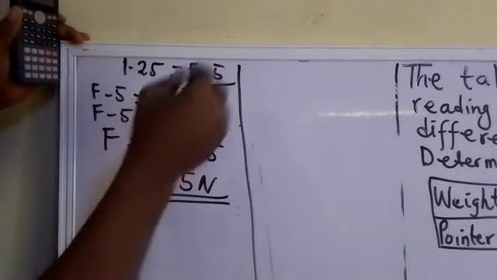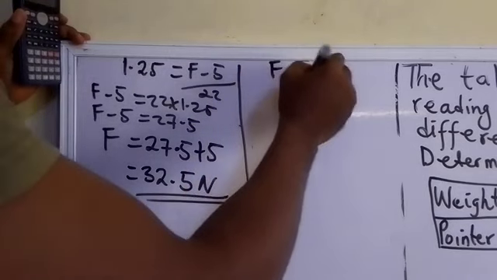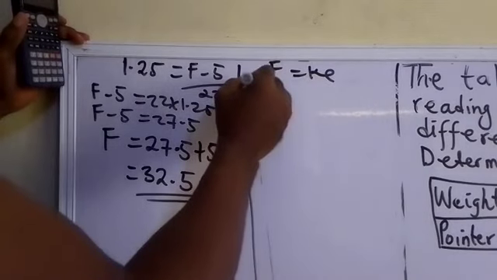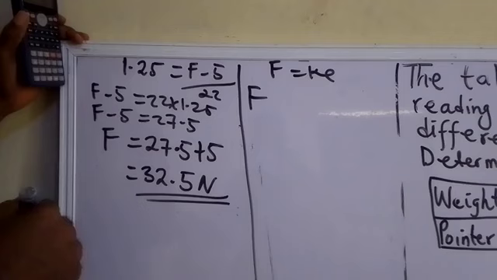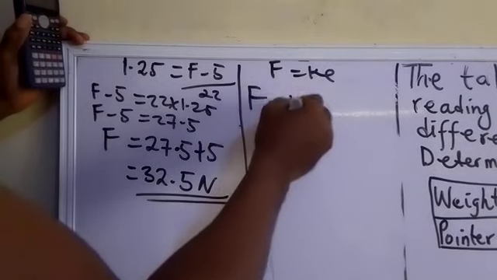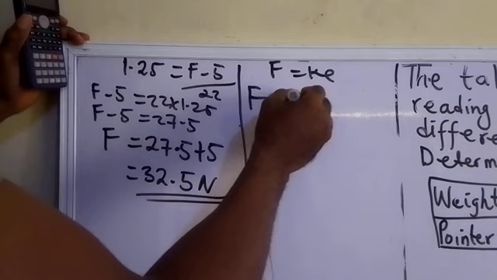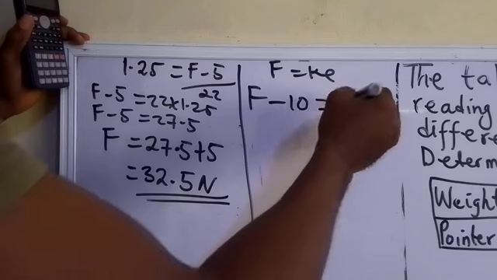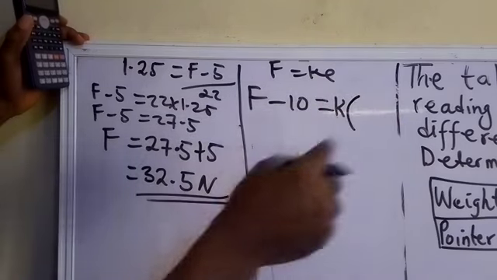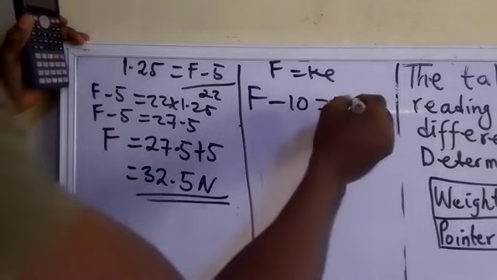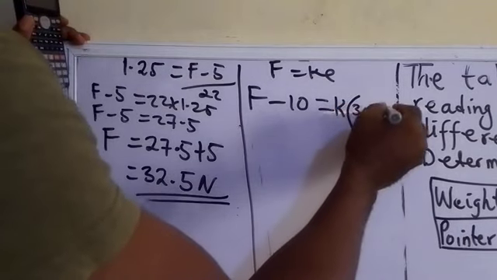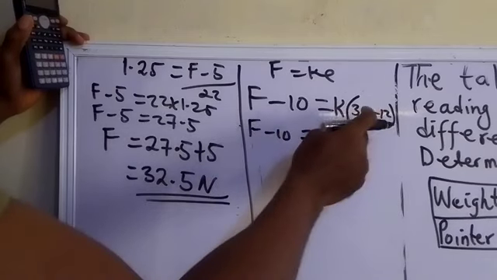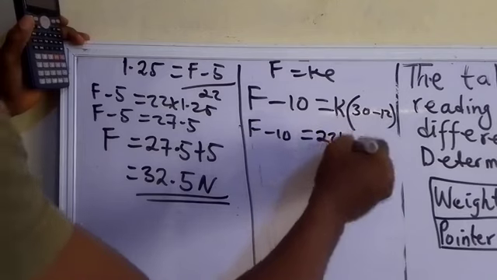Now let's look at this from F equals K E. We can say this F we have in the table minus 10 is equal to K into the extension between F and 10, which is 30 minus 12. So we have F minus 10 equal to, this difference is 22, so we have 22K.